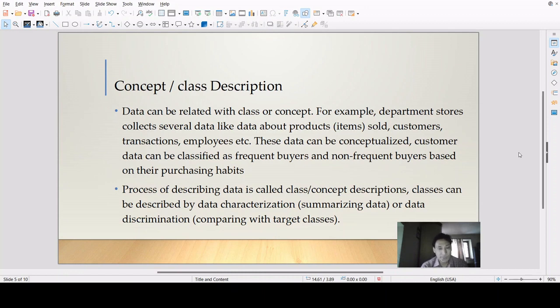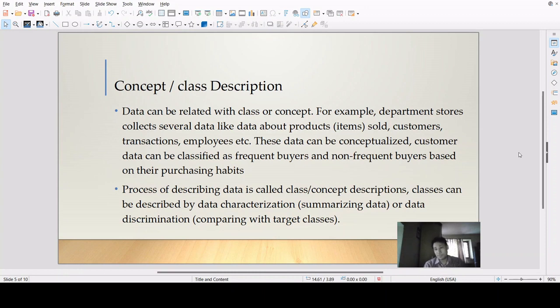A department store will be collecting or storing data about different subjects like products, customers, transactions, and employees. This data can be conceptualized. For example, customer data can be classified into different groups or classes on the basis of their purchasing habit. Customers can be classified as frequent buyers or non-frequent buyers.